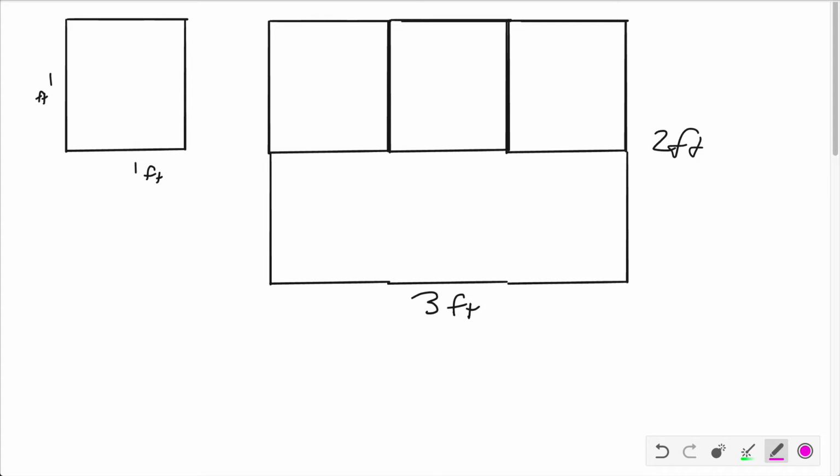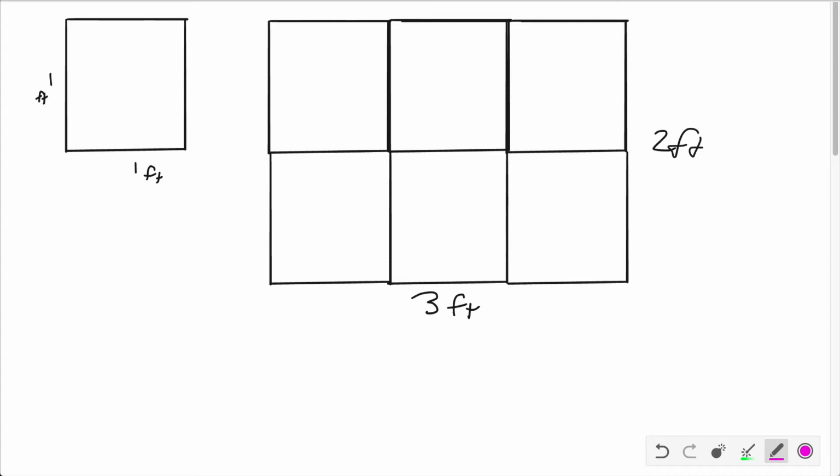You can see that that top row, you've got 3 squares, right? And that's because there's 3 feet going along. And then you can do the same thing for the bottom, but let me just draw it in here. Okay, and so now you can see you got 6 squares.